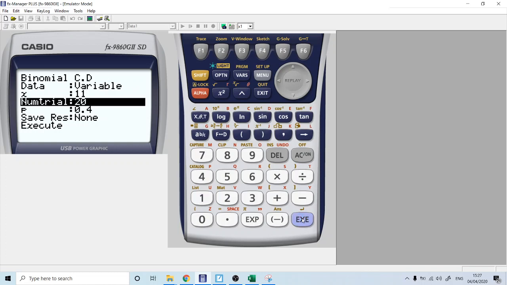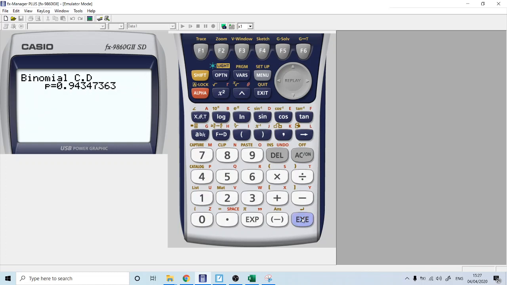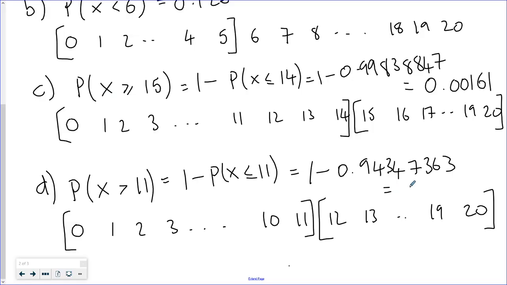So it's going to go all the way from 0 up to 11, and I'm going to use that unrounded value. And if we round that to 3 sig fig, we get 0.0565.